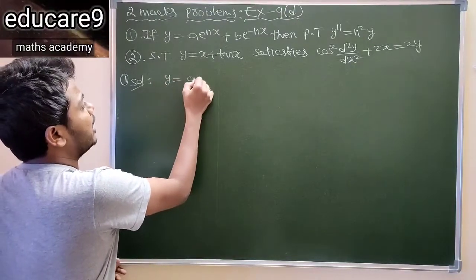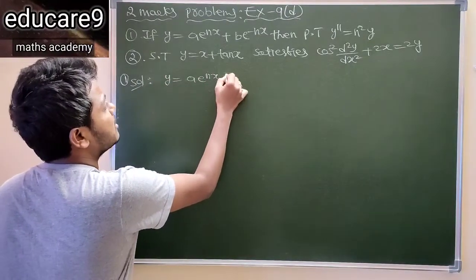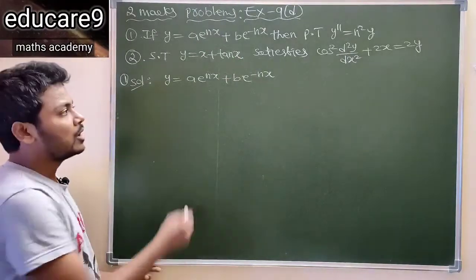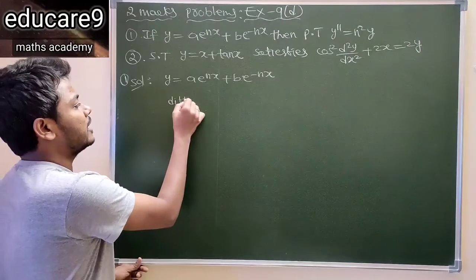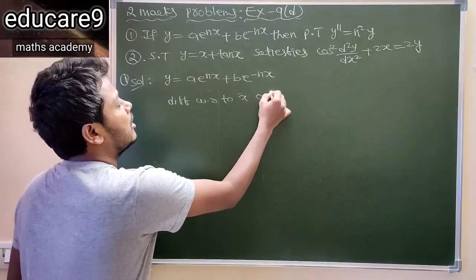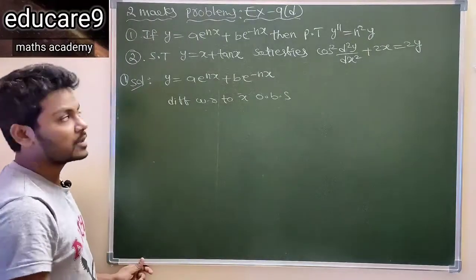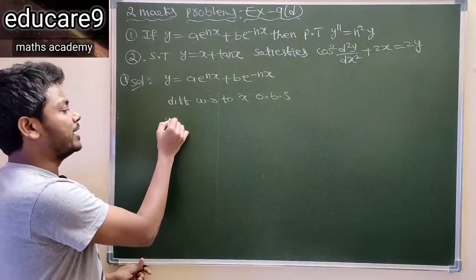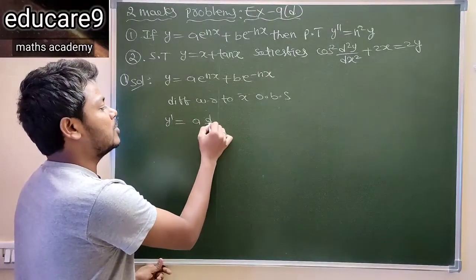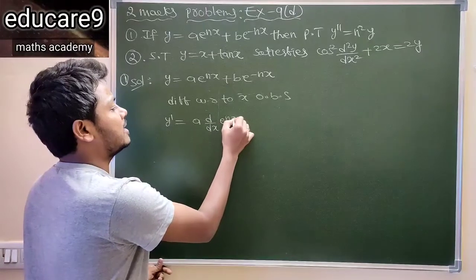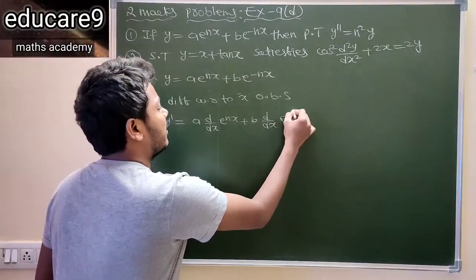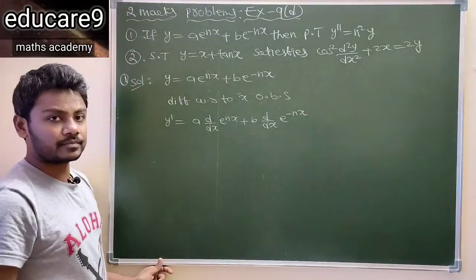y is equal to a into e power nx plus b into e power minus nx. Now differentiate with respect to x on both sides. So the derivative of y, y dash, is equal to a into d by dx of e power nx plus b into d by dx of e power minus nx.